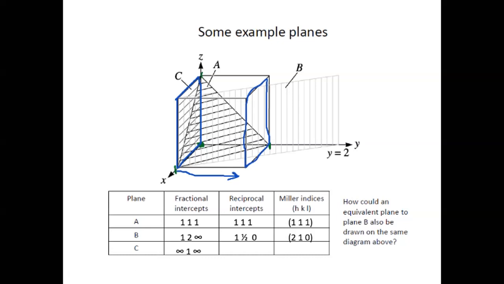So these are our fractional coordinates. We can convert them to reciprocals. 1 over infinity gives us 0. Since they're all integers and there are no negative ones, we can just write them as the Miller indices. So that's the 0, 1, 0 plane.